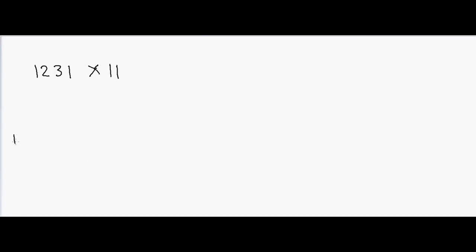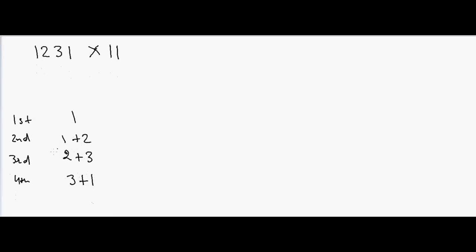The first digit will be equal to 1, second will be equal to 1 plus 2, third will be equal to 2 plus 3, and fourth will be equal to 3 plus 1, and then we are left with the fifth, which is equal to 1. So the answer is 1 3 5 4 1.